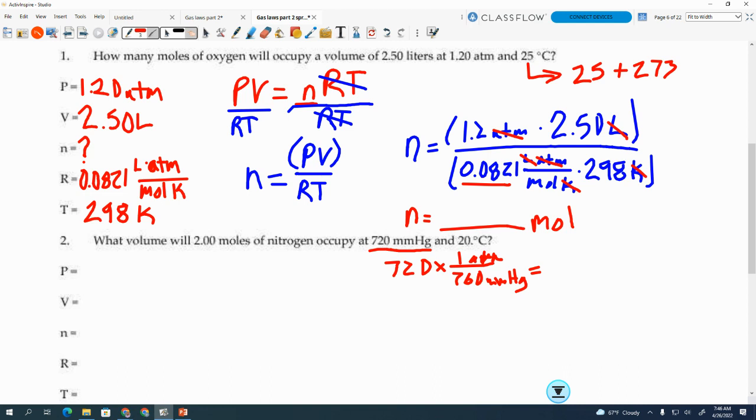So 720 divided by 760 gives us a pressure of 0.947. All right, so 720 millimeters mercury is 0.947 atmospheres.